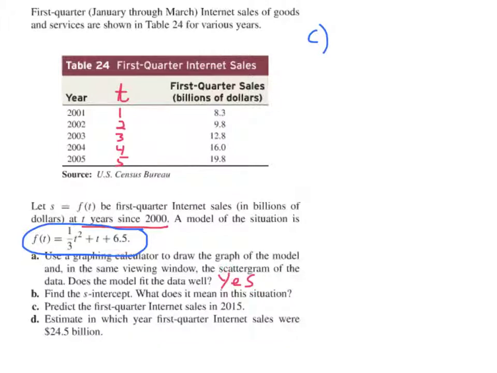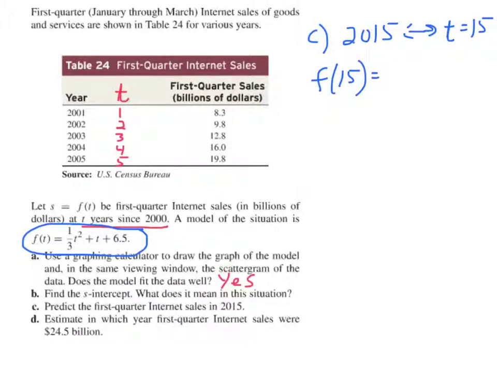Now part C asks us to predict the first quarter internet sales in 2015. So first of all, the year 2015 corresponds to a t value of 15 because it's 15 years after 2000. So we would just evaluate f of 15. We'd substitute a 15 in place of t in our equation.